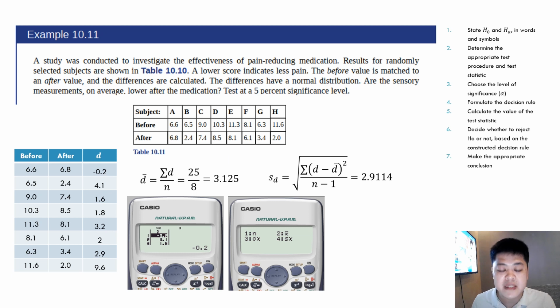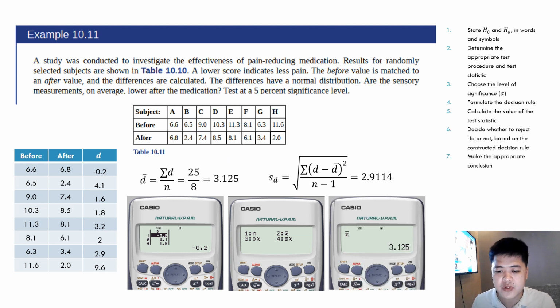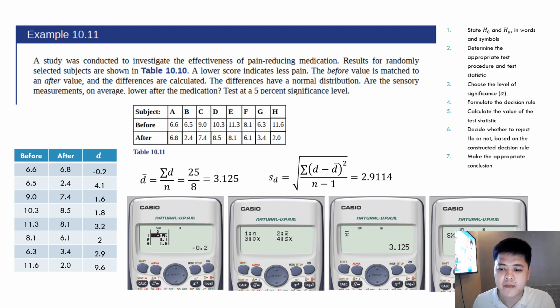In this case, we will be selecting 2 for the d bar. So, we'll get 3.125, at matatakloban ng video ko yung SD. But anyway, you just select 4, SX, that's the sample standard deviation. It's 2.9114. Just in case you don't want to work with too many decimal places, then you can just use your calculator.